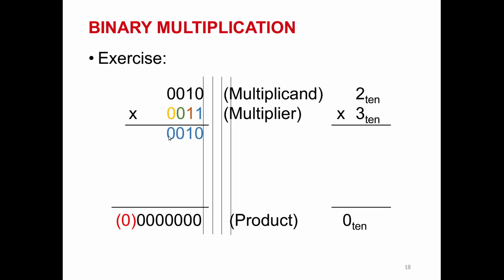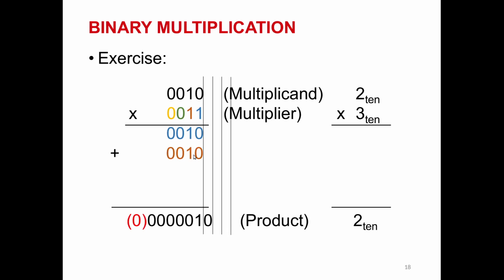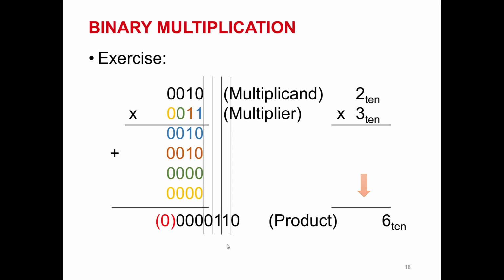Instead of shifting it to the left, we shift the product to the right, and the next result of this bit in the multiplier multiplied with the multiplicand, instead of shifting one bit further to the left, sits right here, and the result will be written to the product, but the product we need to shift one bit to the right, and we do the same, and finally we have the correct result, no change in our result.